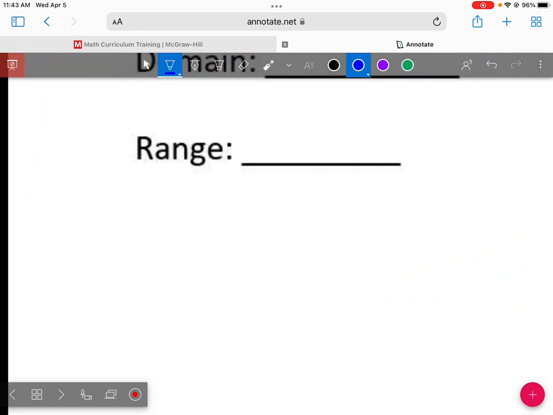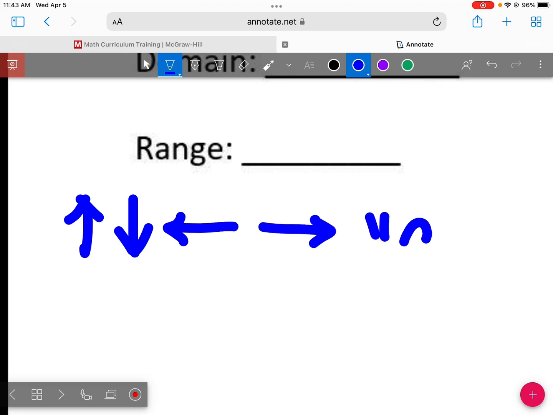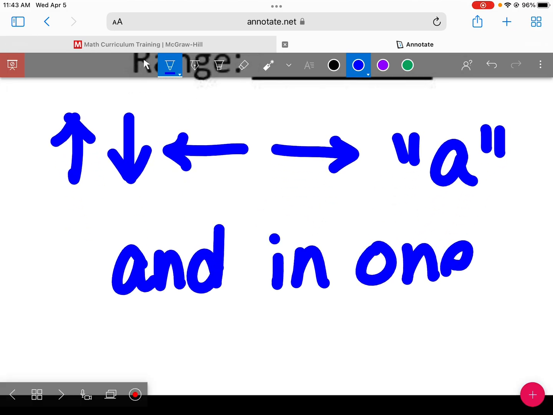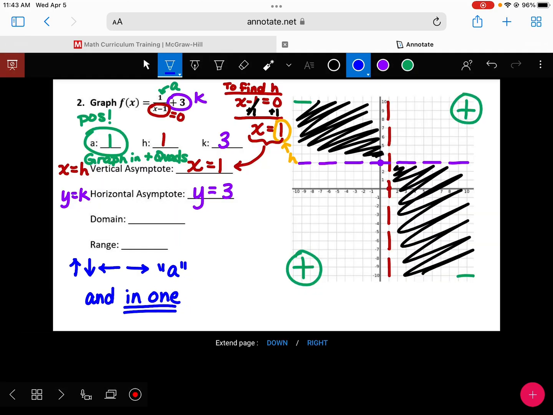All right, we're ready to graph our points. We're going to go up, down, left, and right, whatever our A value is, and in 1. Where do I start my count from? Where they meet, where the 2 asymptotes cross each other. So right here.